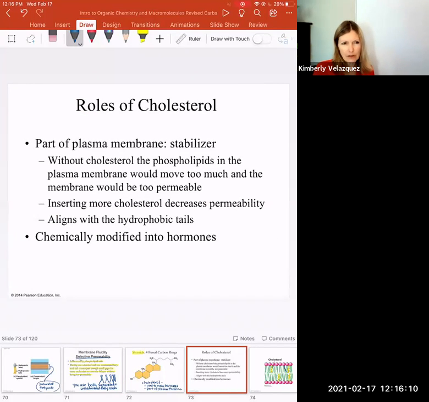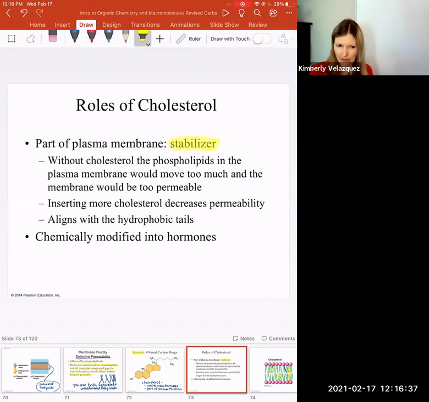So here's more detail on the role of cholesterol in your cell. We consider it a stabilizer in the plasma membrane. So without cholesterol, the phospholipids in plasma membrane would move around too much. When we talk about the plasma membrane, you're going to see that those phospholipids are fluid. They move side to side, they flip-flop with each other, and they move around.